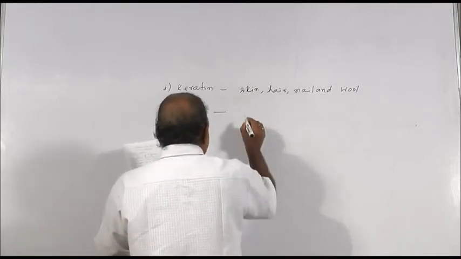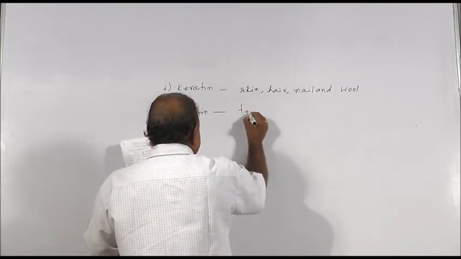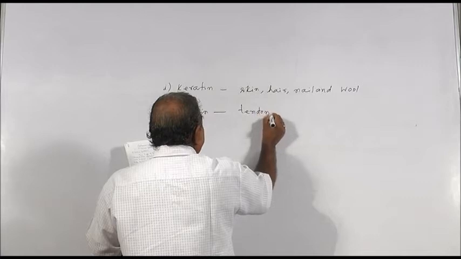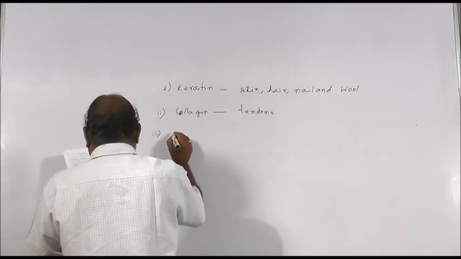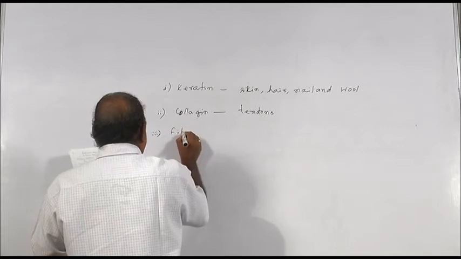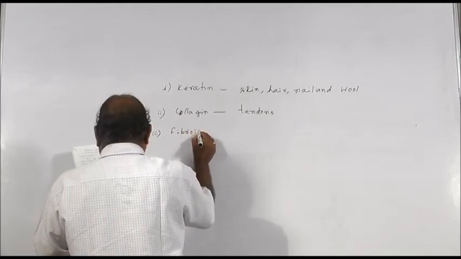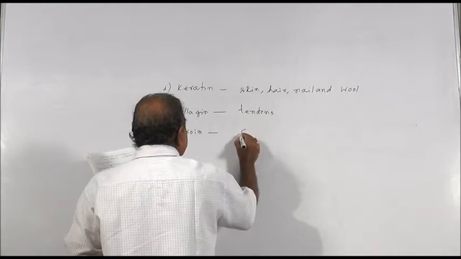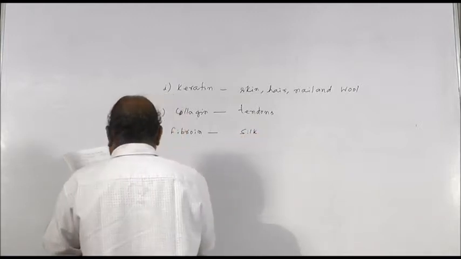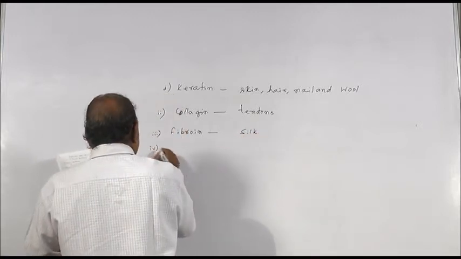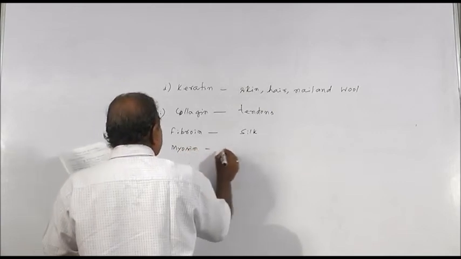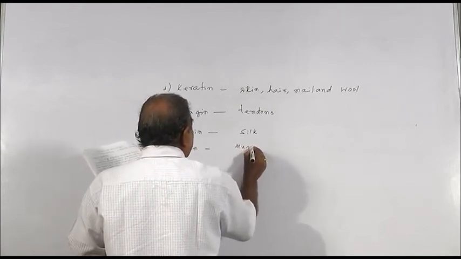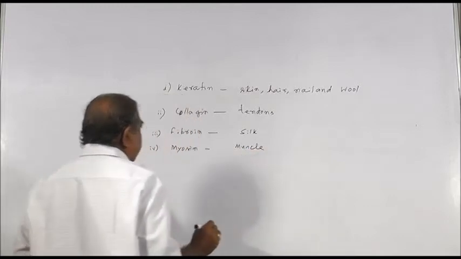This is present in tendons. Third example is your fibroin. It is present in silk. Another is myosin. It is present in muscle.